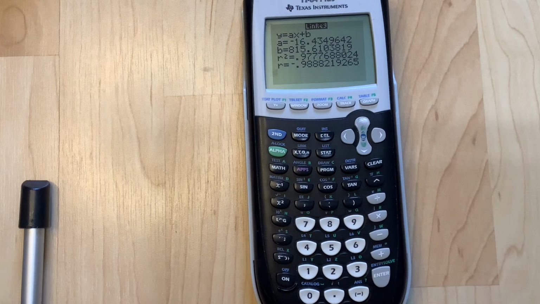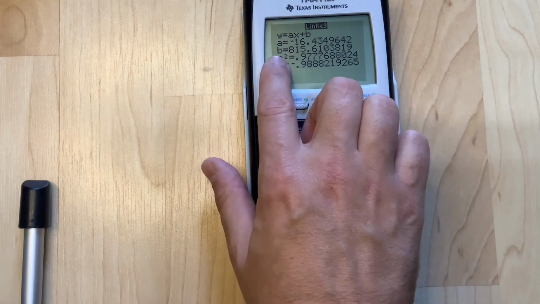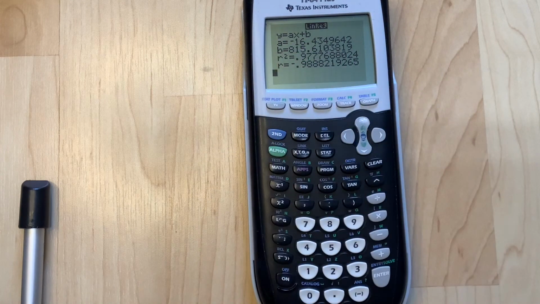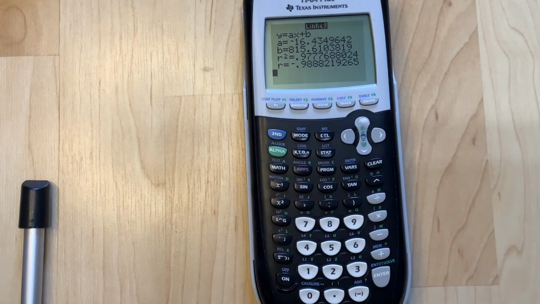And it's going to tell us a bunch of stuff. It says the form of the equation is y equals ax plus b, the a value, or the slope, is negative 16.4. The b value, or the y-intercept of the line, is 816. And then the r value is negative 0.989. So that means it's very close to negative 1, it's very linear, and it's got a negative slope. As one variable increases, the other decreases.